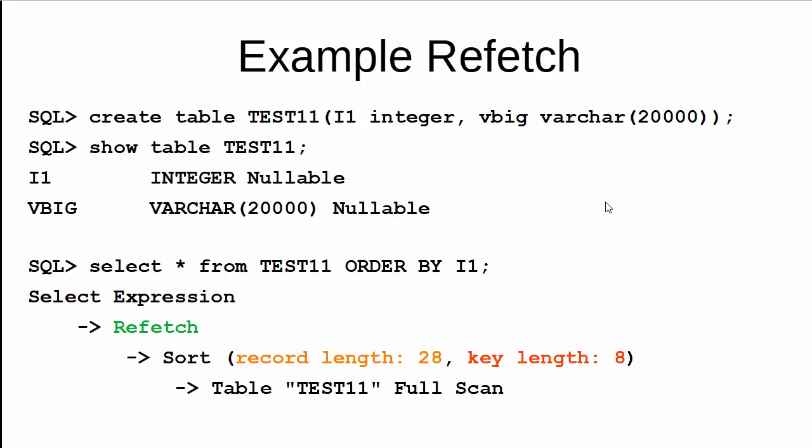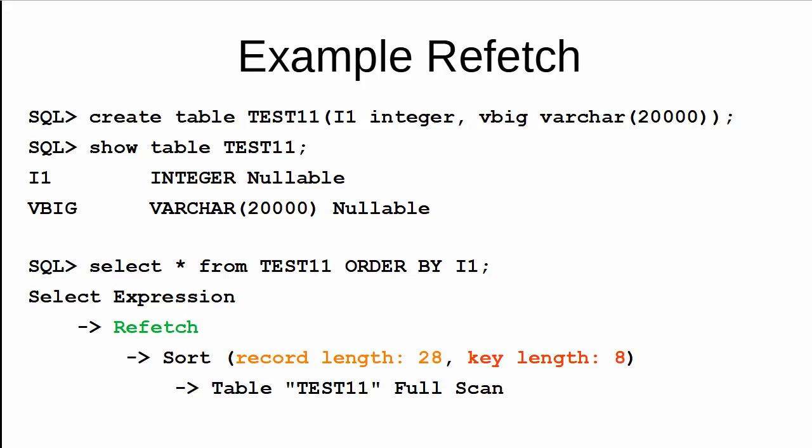You can see in the explained plan that we have plan refetch, and the sort is much smaller than it was. Record length is only 28 bytes and key length is 8 bytes.